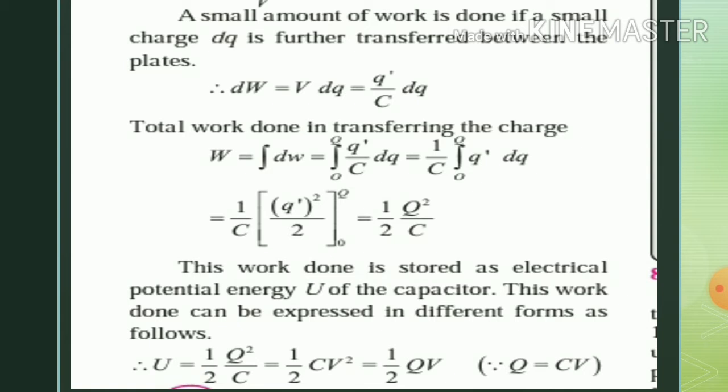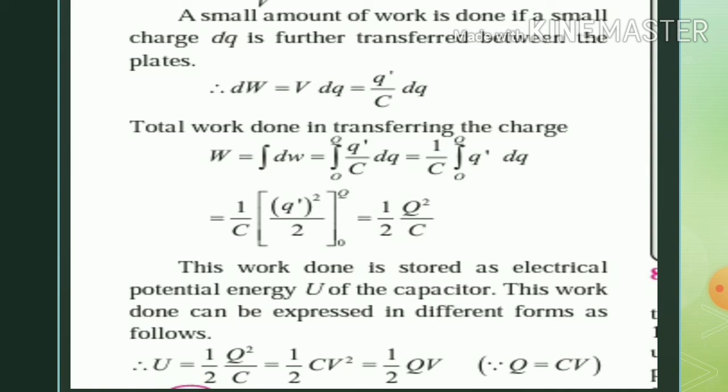After the complete charging process, the total charge stored in the capacitor is capital Q. Before starting the charging process, when the source of potential is off, the total charge on the plates of the condenser is 0. After the charging process is complete and the capacitor is fully charged, the total charge on the plates is capital Q.